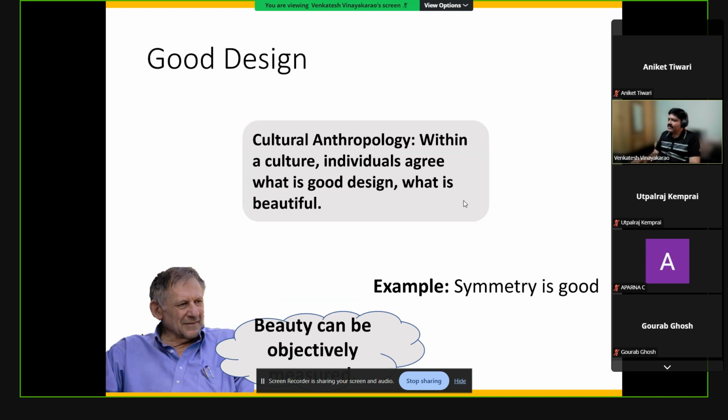This also takes us to a nice field of study called cultural anthropology, which says that within a culture, individuals agree on what is a good design and what is beautiful. This reminds me, if you go to Japan, you're not supposed to write your name or anybody's name in a red pen. Do you know why?